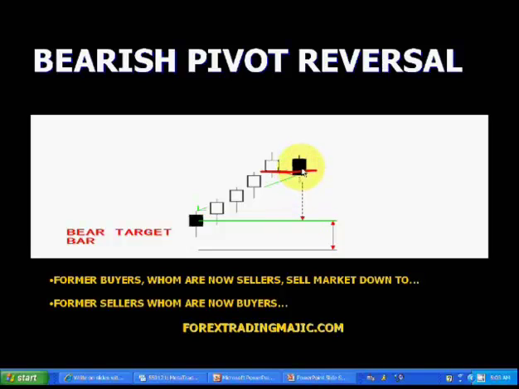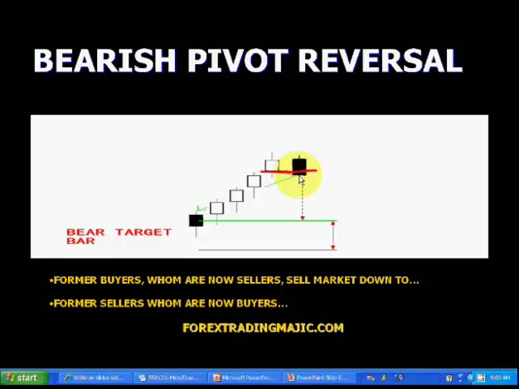So once our reversal bar closes, our best entry point is on a pullback to the pivot point. Now we don't have to enter on a pullback to the pivot point. We can enter at the close. The only reason why I suggest entering on the pullback is because it lowers the range of our stop.